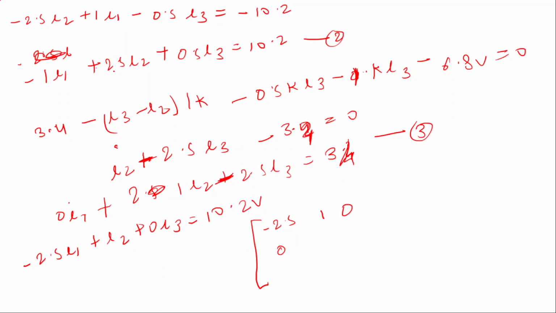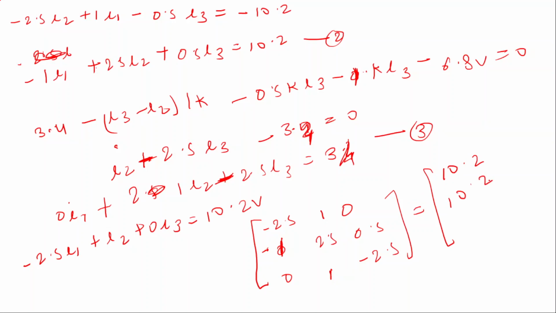So in the second equation the coefficient of I1 is minus 1, the coefficient of I2 is 2.5, the coefficient of I3 is 0.5. And in the third equation, the coefficient of I1 is 0, the coefficient of I2 is 1, and the coefficient of I3 is minus 2.5. Then the right side terms will be 10.2, 10.2 and 3.4.